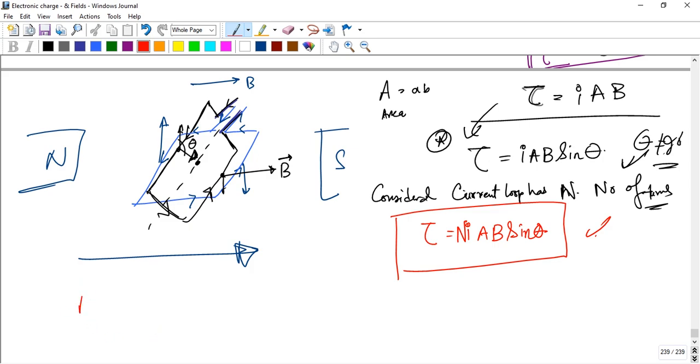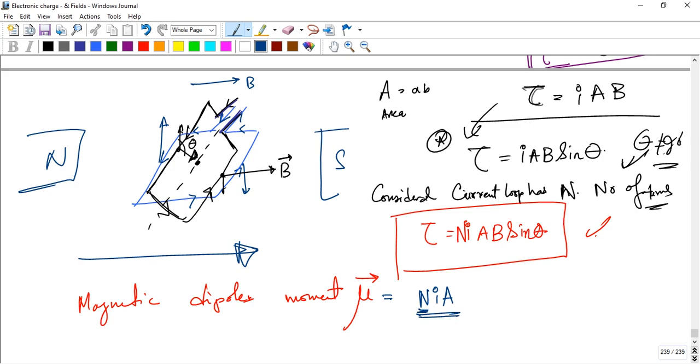Like the electric dipole moment vector P, the magnetic dipole moment is represented by mu, and mu is equal to NIA, depending on the number of turns of the coil, the current passing through the coil, and the area.